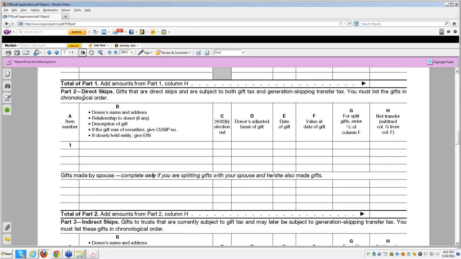You put the donee's name and address. Relationship to donor, if any. Description of gift. If it was a gift of securities, give the CUSIP number. You gifted securities. Okay. So you put your CUSIP number down here. Put securities.